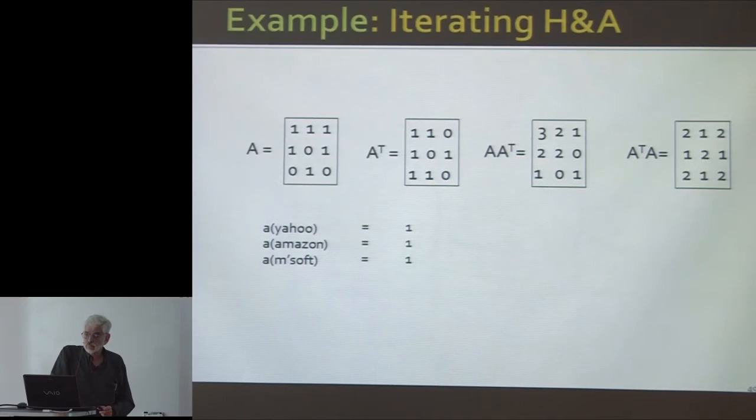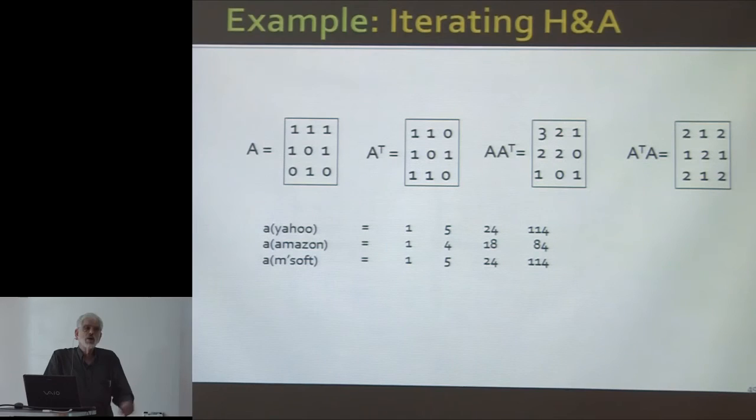And now, if I'm computing authority, then I'm going to start with, let's say, a vector of all ones, and I'm going to multiply by this matrix. So 2, 1, 2 dot producted with 1, 1, 1, that's 5. 1, 2, 1 dot producted with 1, 1, 1 is 4, and so on. So I'll get the next round, 5, 4, 5. If I multiply by this matrix again, I'll get this, 24, 18, and that.